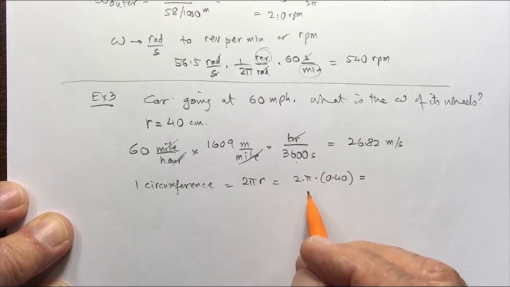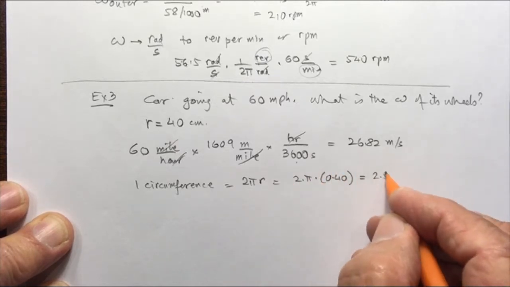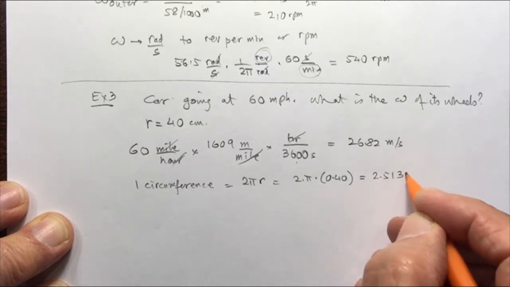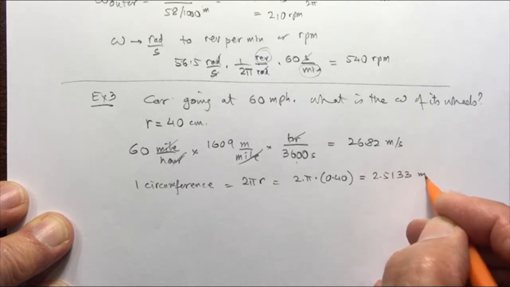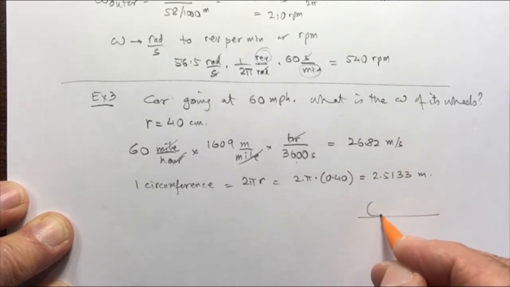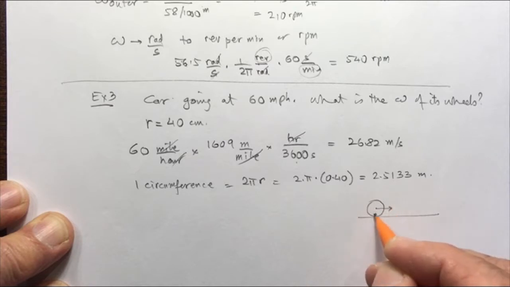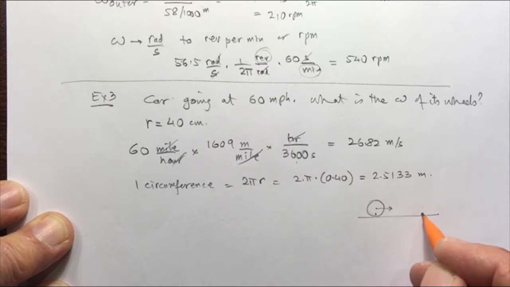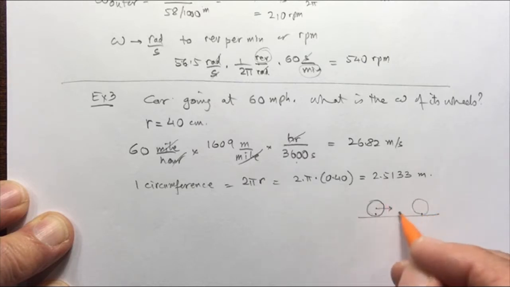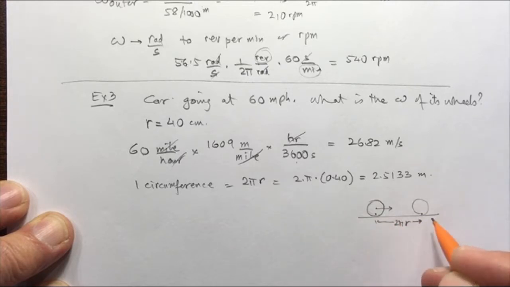So that's going to be 2.513 meters, which means that if the wheel were here and this was a point on the wheel, as the wheel goes forward, this point will go around a circle, and by the time it touches the ground again, the wheel has moved forward by 2 pi r meters by the time the wheel makes one circle.